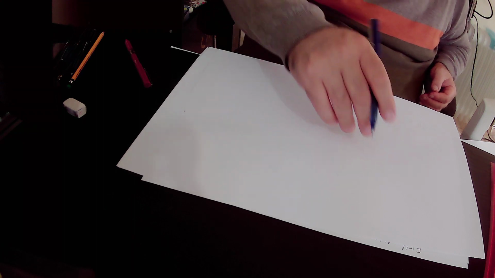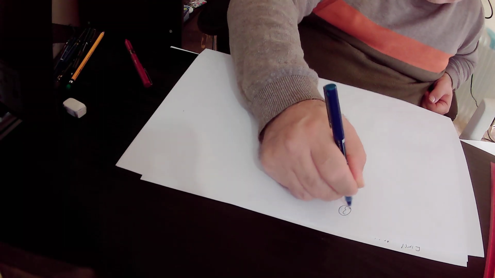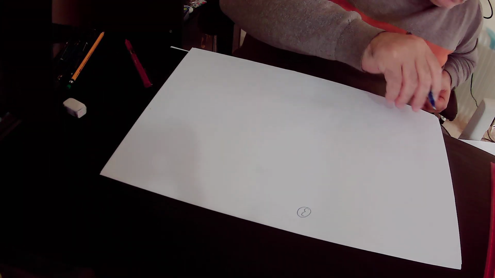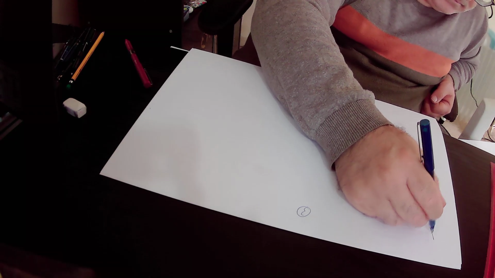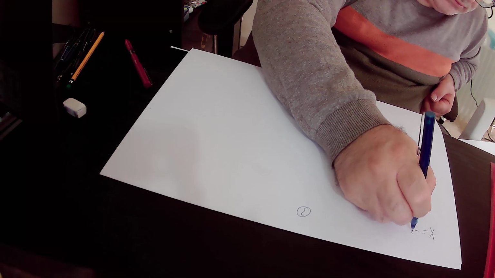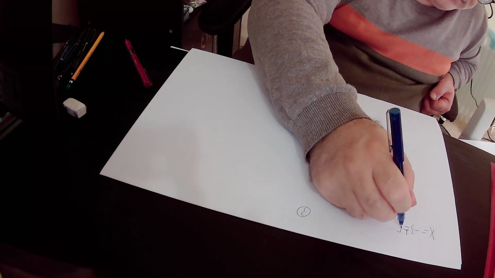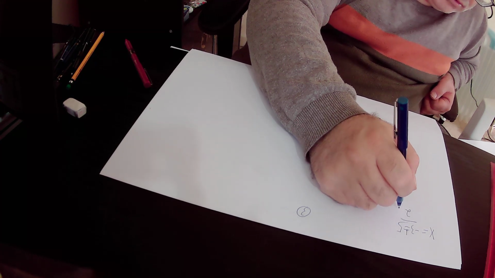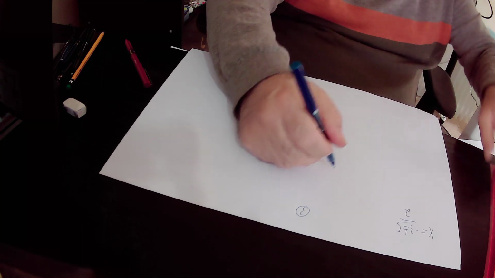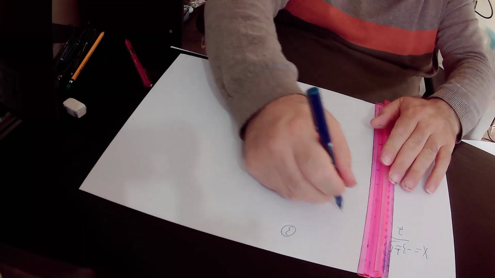So we actually found that x equals minus 3 plus minus the square root of 25, which is 5, over 2. So here we will have two possible solutions for x.